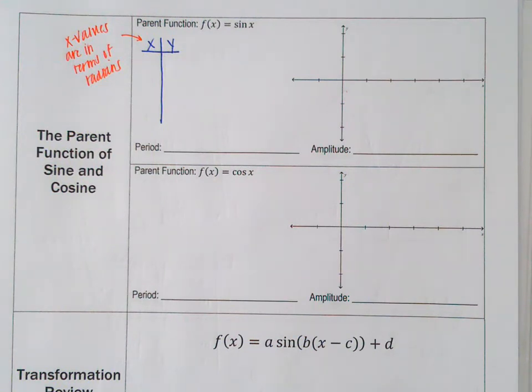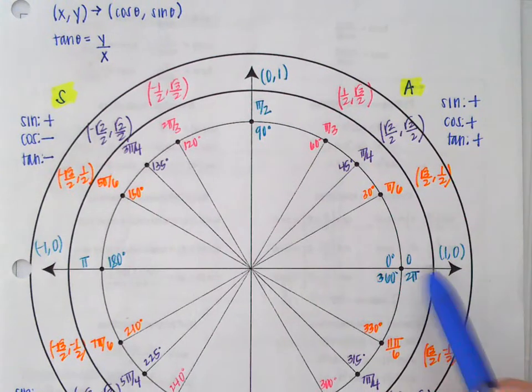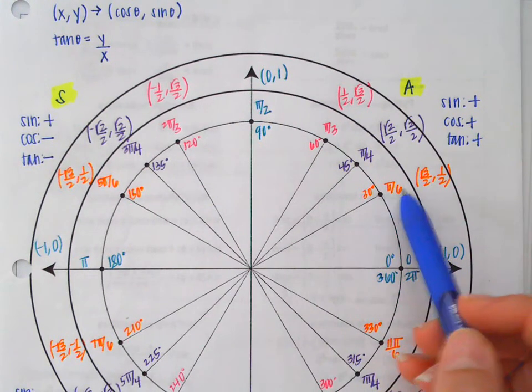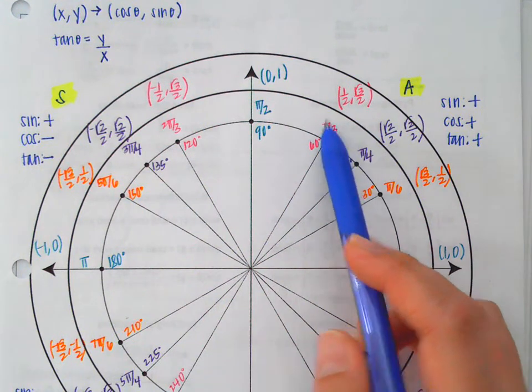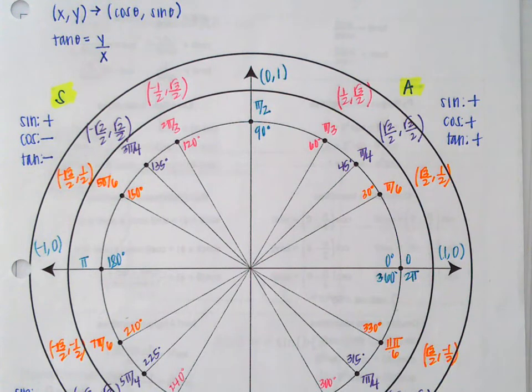Going off of my unit circle, I could use all of these radians: 0, pi over 6, pi over 4, pi over 3, pi over 2, and so on. I could get all of those.